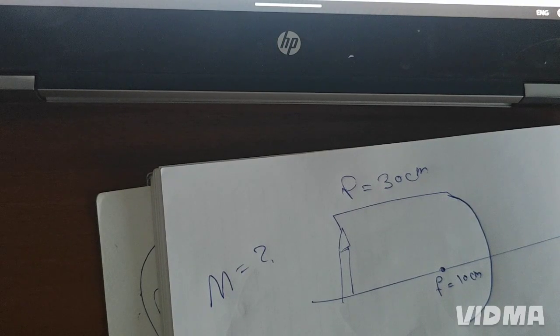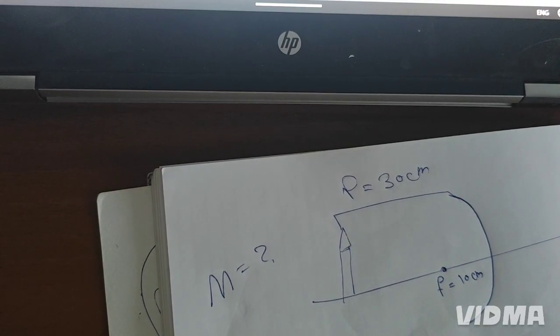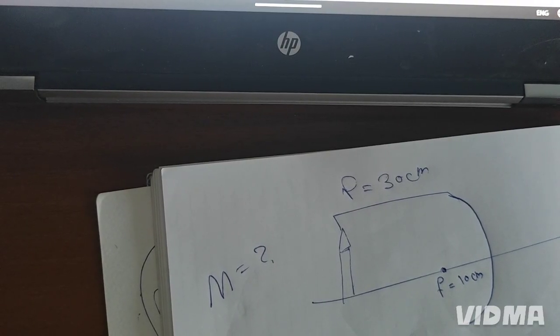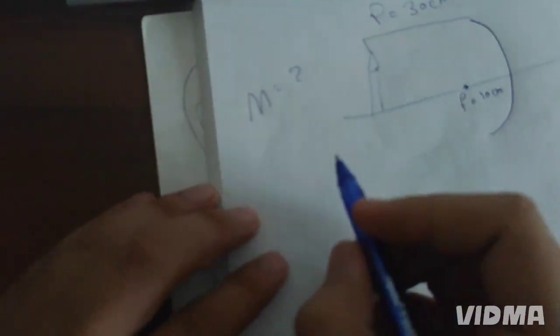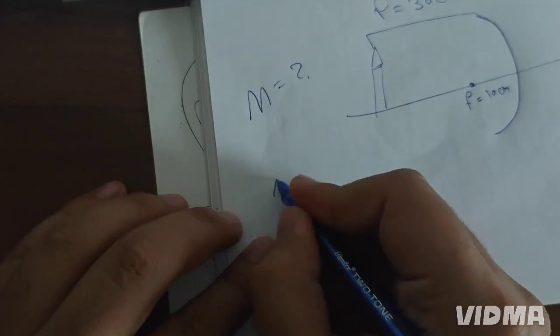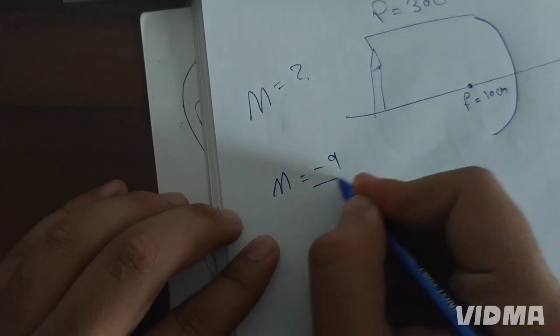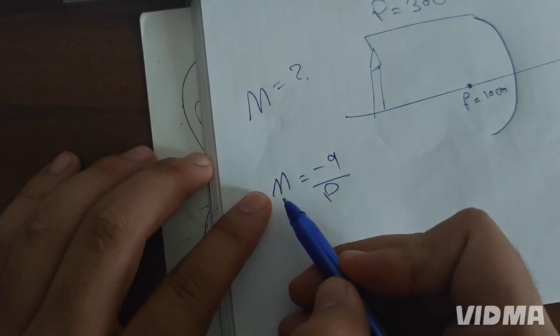Good. So let me find the magnification now. To find the magnification, the rule is M equal to negative Q over P. How to find the magnification?